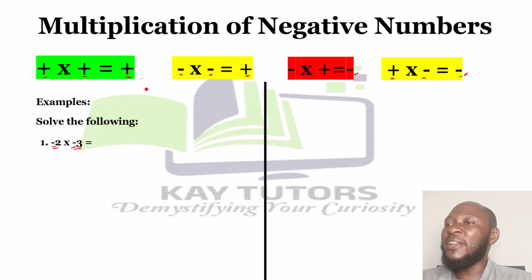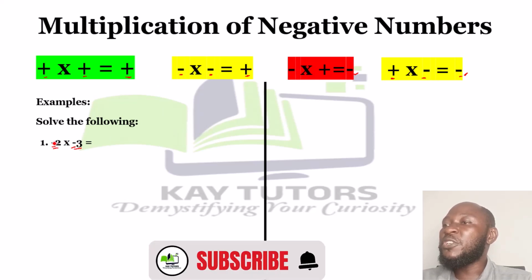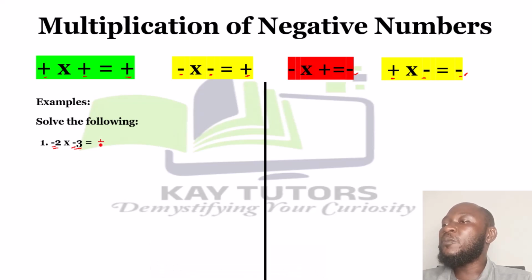Remember that whenever I am multiplying similar signs, my answer is always plus. I first multiply my signs, then I multiply the numbers. 2 times 3, what will I eventually get? I'll get 6.